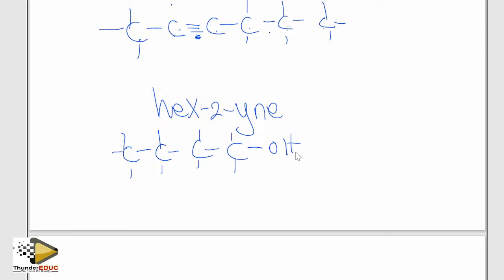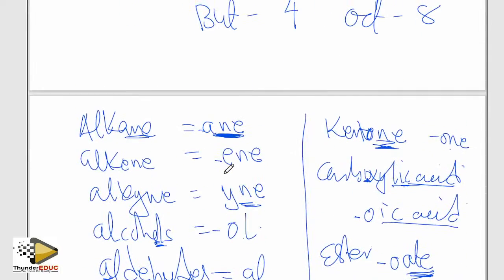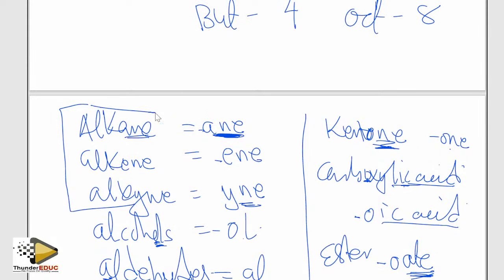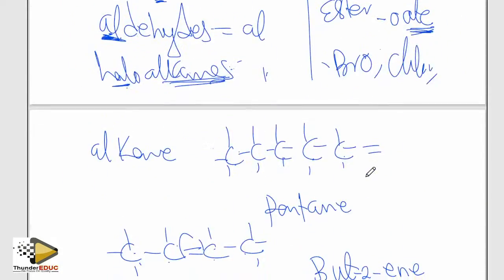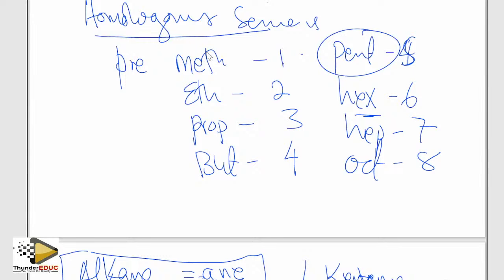So how do we name that? This alcohol has 1, 2, 3, 4, so 4 is but. But now you need to know this, as I told you last time: for the remaining ones, we don't stop with meth.